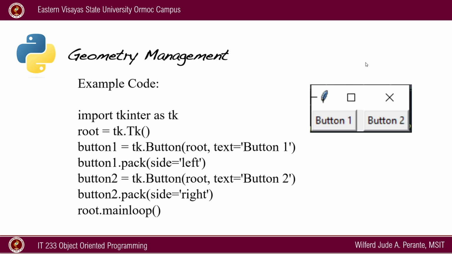Okay, again. So in geometry management, I have an example code. This example code creates a simple GUI with two buttons. This is the example output, two buttons, button 1 and button 2, positioned on the opposite sides of the window using the pack geometry manager.